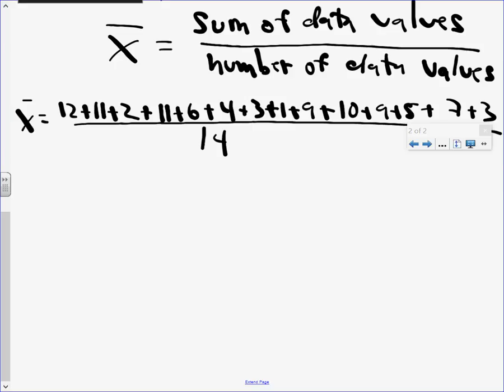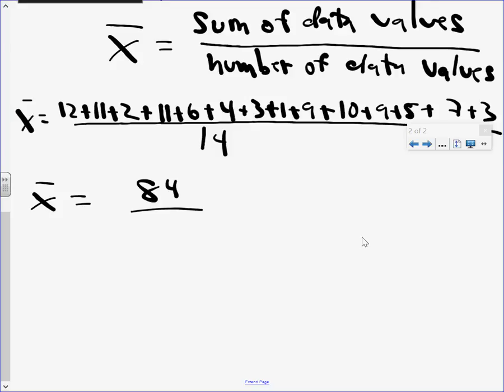12 plus 11 plus 2 plus 11 plus 6 plus 4 plus 3 plus 1 plus 9 plus 10 plus 5 plus 7 plus 3. I got 84. That's my numerator. 84, if I added all those up.